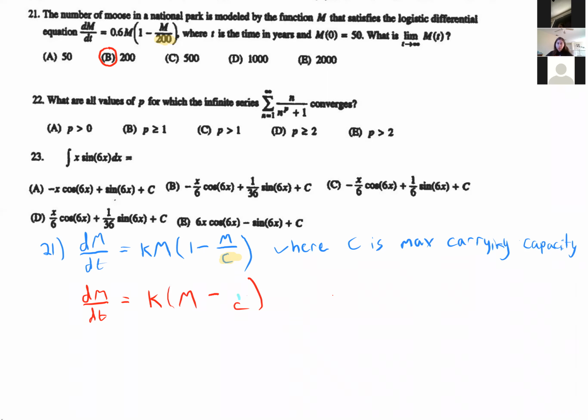Wouldn't it be M squared over C? It would be M squared over C, yeah.